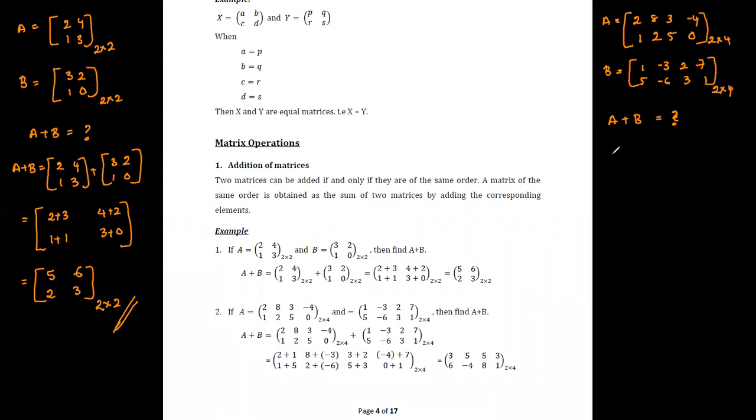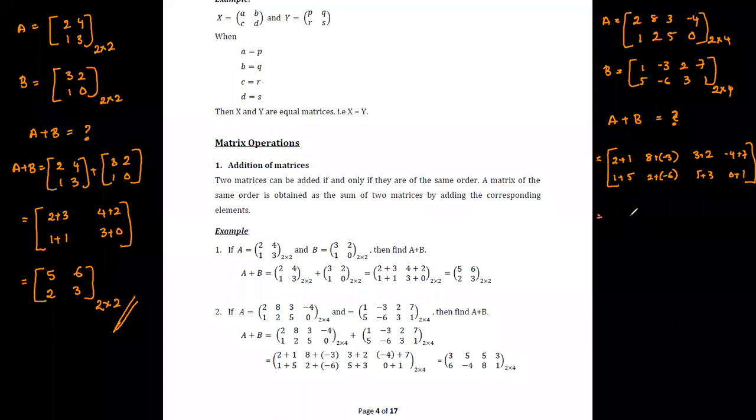Therefore, if you add the corresponding elements: 2 plus 1, then 8 plus minus 3, likewise 3 plus 2, minus 4 plus 7, then 1 plus 5, 2 plus minus 6, 5 plus 3, 0 plus 1.